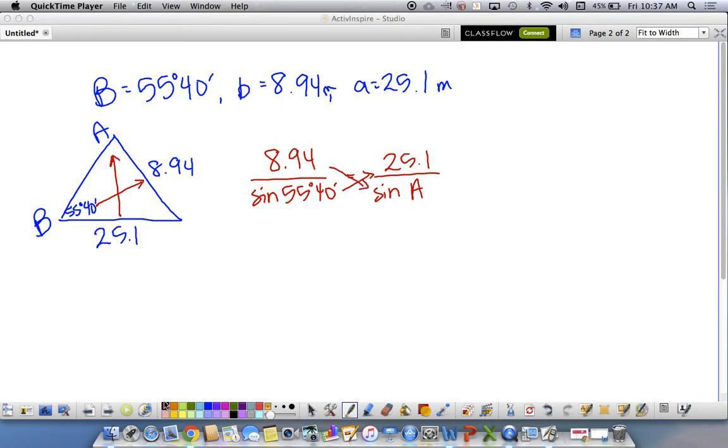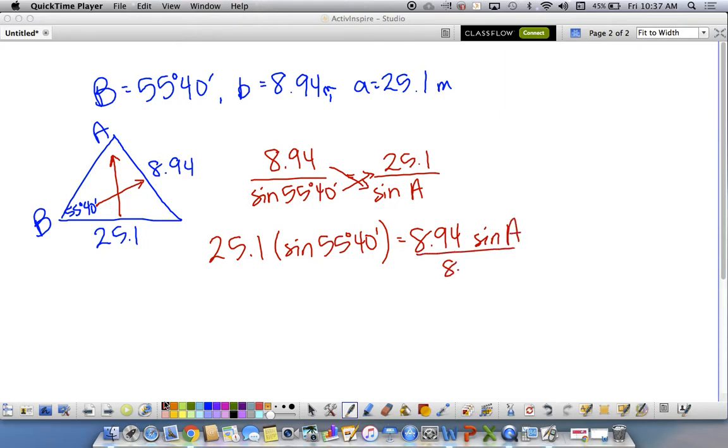I'm going to cross multiply and get 25.1 sine 55 degrees, 40 minutes equals 8.94 sine A. We're going to divide by 8.94, and when you plug all of this into your calculator, it comes out to 2.31, etc., equals sine A. And remember, anytime you are solving for an angle, you're using the sine inverse, correct?